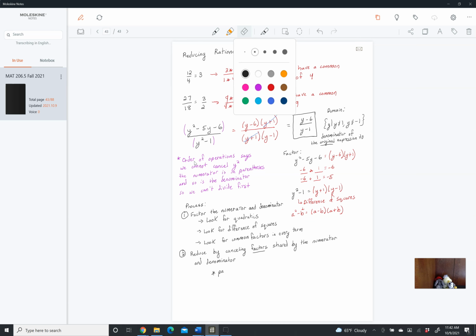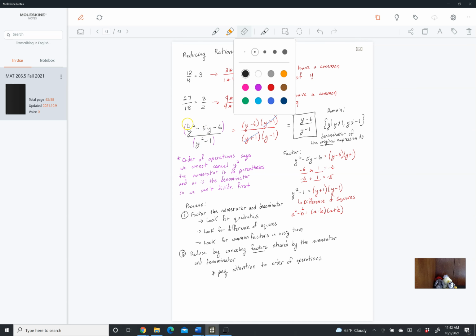And I'll remind you to pay attention to the order of operations. Factors are when we can multiply by that. Notice the y squared is not being multiplied here. We're subtracting.